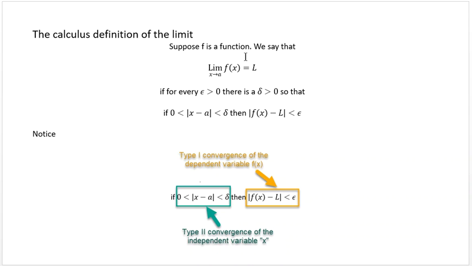For the dependent variable, f of x is getting closer and closer to L, and if it equals L, we don't care. That's the type 1 kind of convergence. Now, why is this? Let's just think about it a little bit. Basically, I want to talk about convergence, but I'm going to mention a bit about limit too.